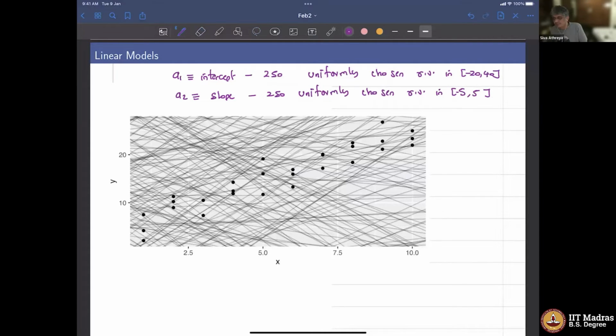And then I plot the lines. Here, we just plotted all 250 lines and the data set.